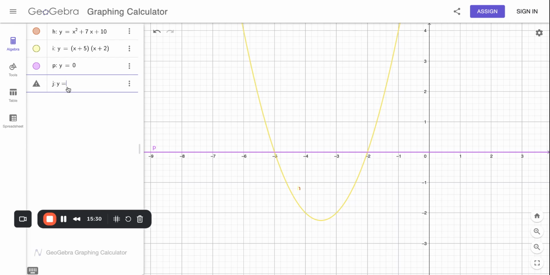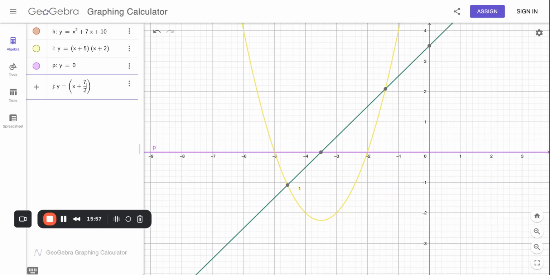So if I have y is equal to, and let me open a bracket here, and in the bracket, I'm going to have x plus 3.5. Let me get back in the bracket. You know what? Let's do it this way. We can complete the square, right? It should be x plus 7 over 2, all squared.